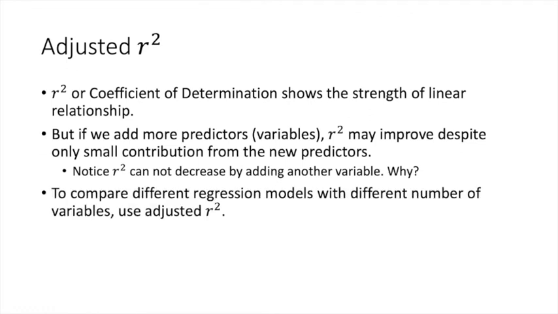Therefore, normally it is considered a good idea to generate a regression model with a small set of predictors that each have a high predictive value. And to compare two different models produced by, say, different researchers or different students that have used a different number of predictors, we use another measure that is called adjusted R squared. And we use that instead of just the simple R squared.